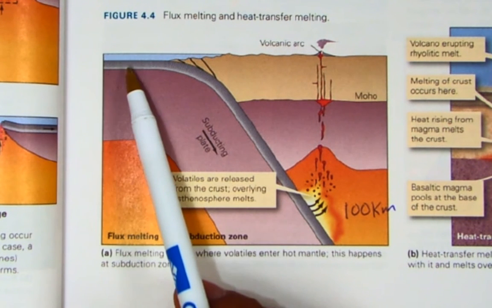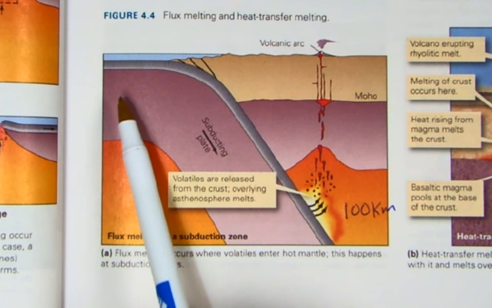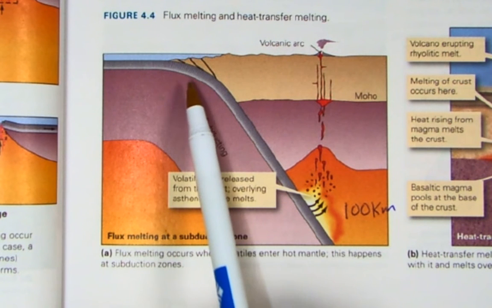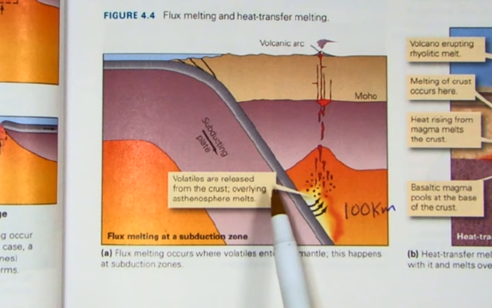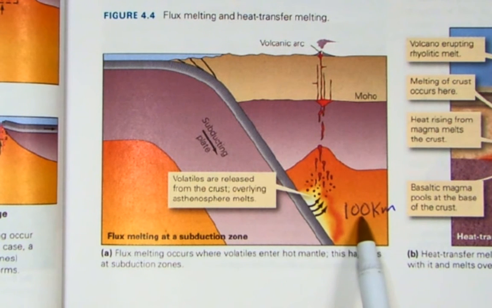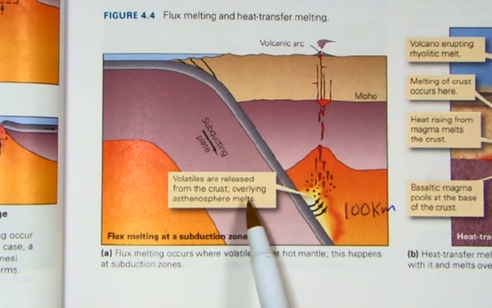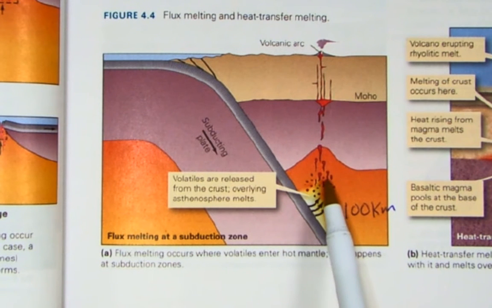It's been at a mid-oceanic ridge where hydrothermal circulation has added water to the ocean lithosphere. That water is trapped in mineral grains. As the lithosphere goes down into the subduction zone at pressures of about 100 kilometers, these volatiles are released, and the overlying asthenosphere, in some cases mantle peridotite, will melt, because remember, you're lowering that melting point.